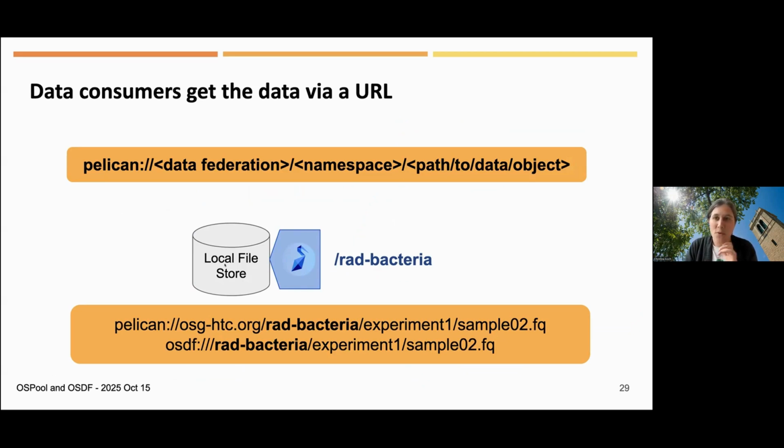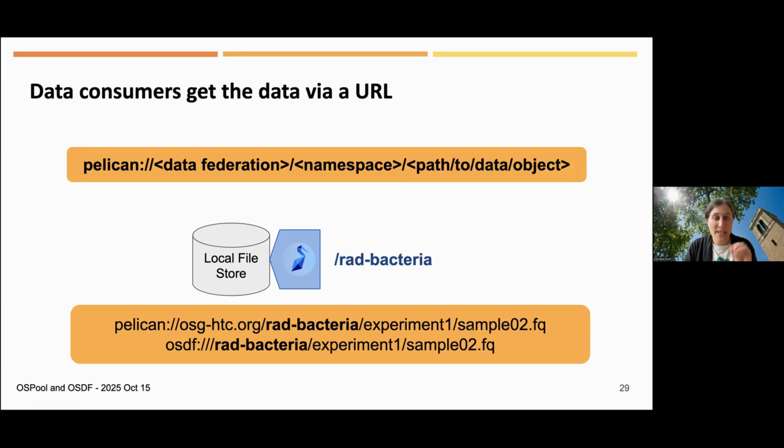So in this example, if we had data in our local file store, here's the origin. Our namespace is rad bacteria. And one way to do the link would be pelican://, the OSDF, if this was part of the OSDF, the data federation is this URL. Then our namespace is rad bacteria. And then we have the path to our sequencing data.